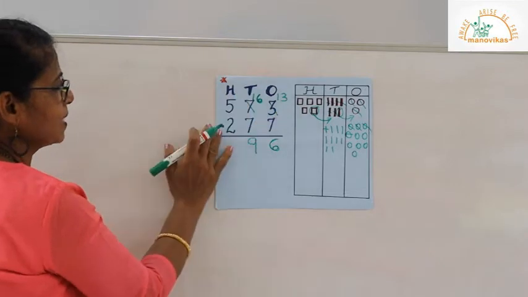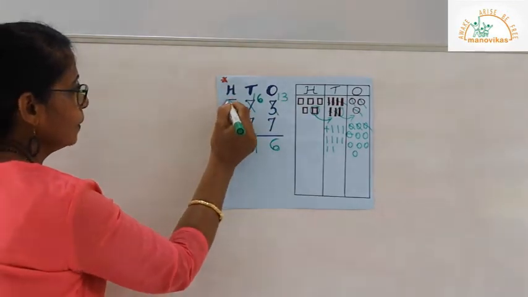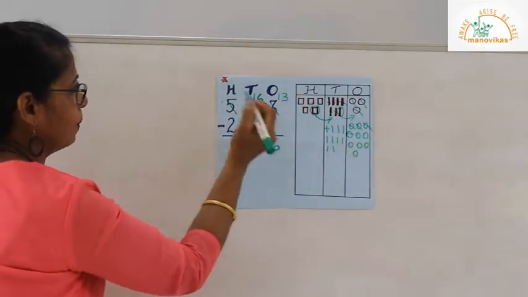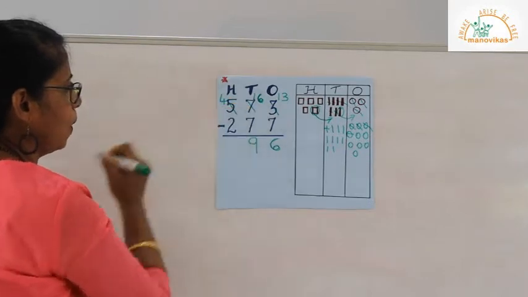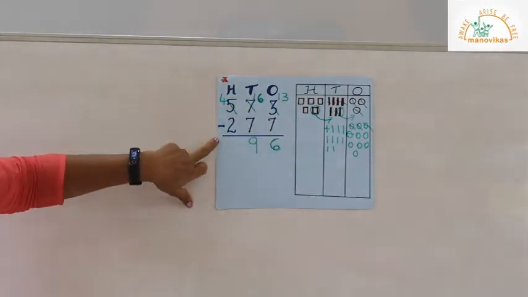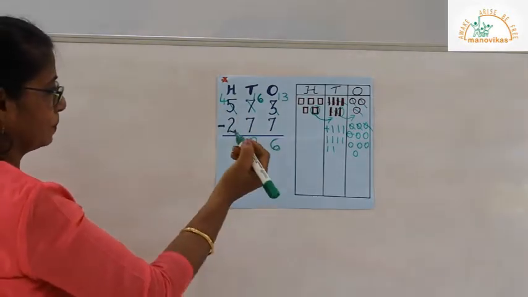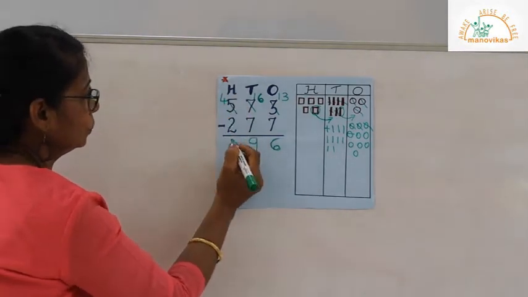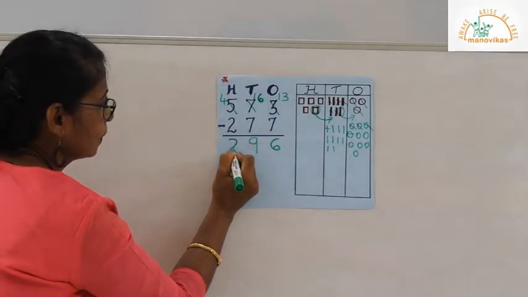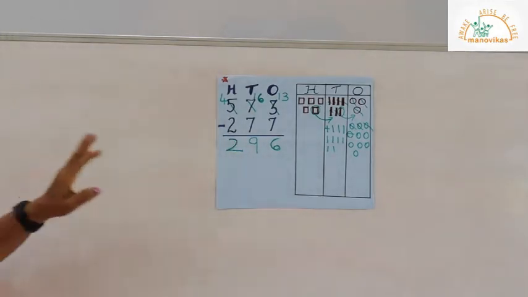Now, in the hundreds place, we have taken away 1, so we get 4. And 4 is bigger than 2. And so, we don't need to borrow, and there's no number to borrow from. So, 2 from 4, we get 2.